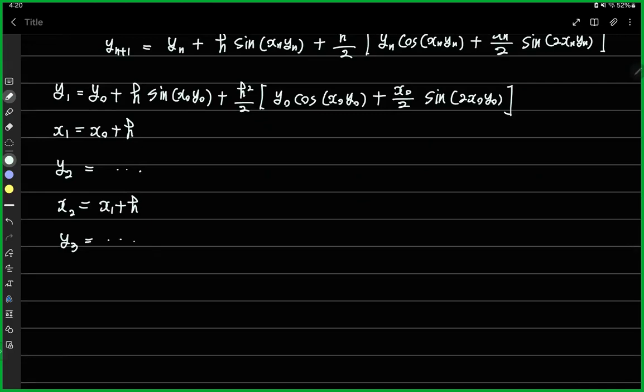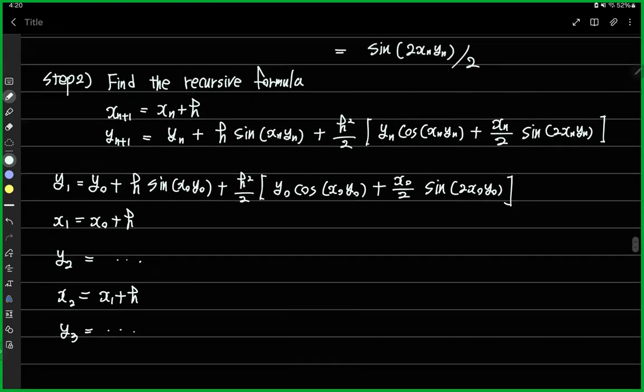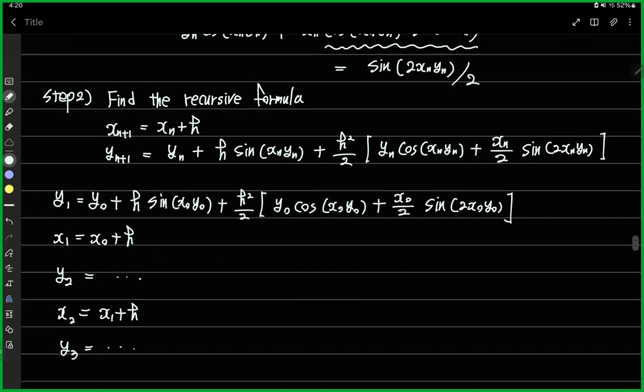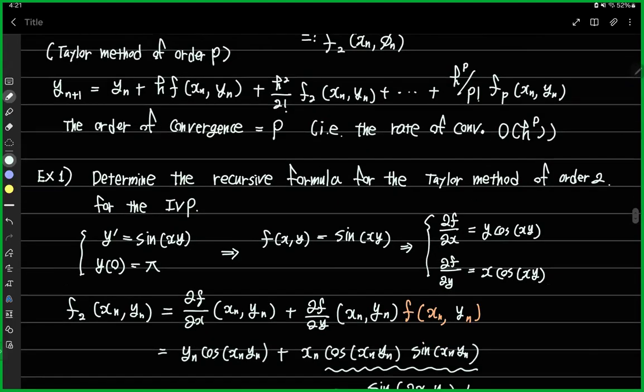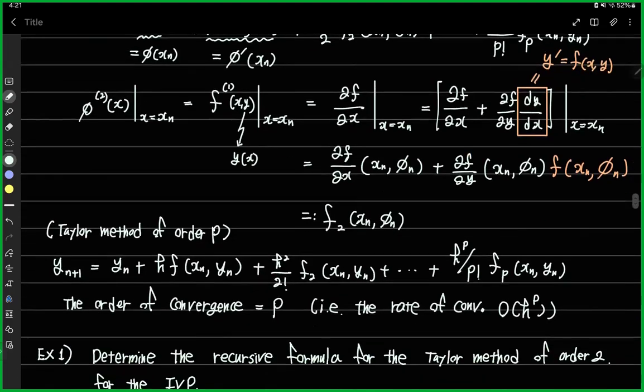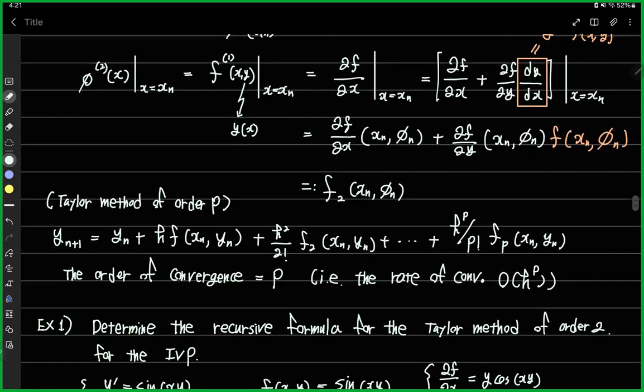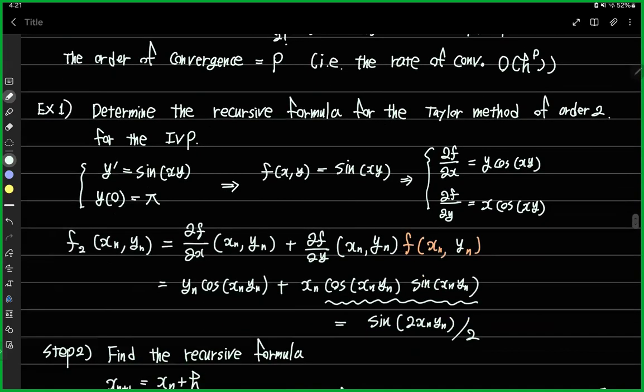Okay, so as you can see, it's not straightforward to find these f sub p in the Taylor method. As p increases, it's more difficult to find. For this example, the right-hand side of the differential equation is sine x times y.